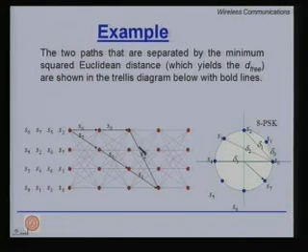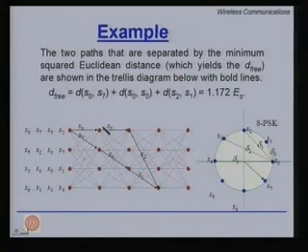So, it happens that the minimum Euclidean distance does not involve the all 0 path, because it is a non-linear code. All you have to do to find the minimum Euclidean distance is find the Euclidean distance between S0 and S7, S0 and S0, S2 and S1. From here, the sum total is the minimum Euclidean distance. It comes out to be 1.172 Es.